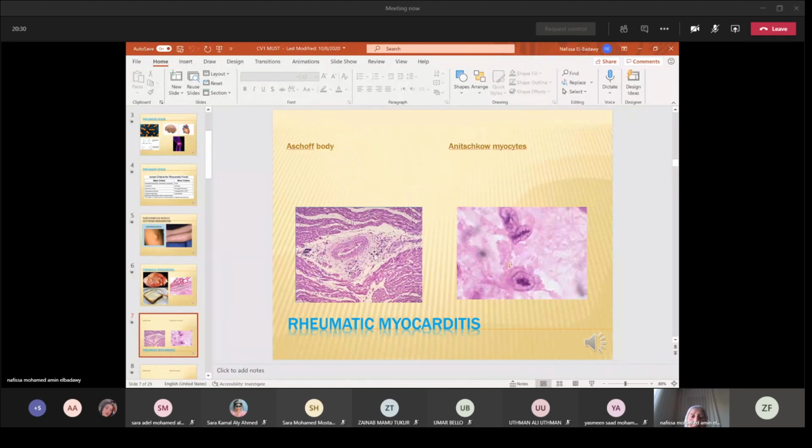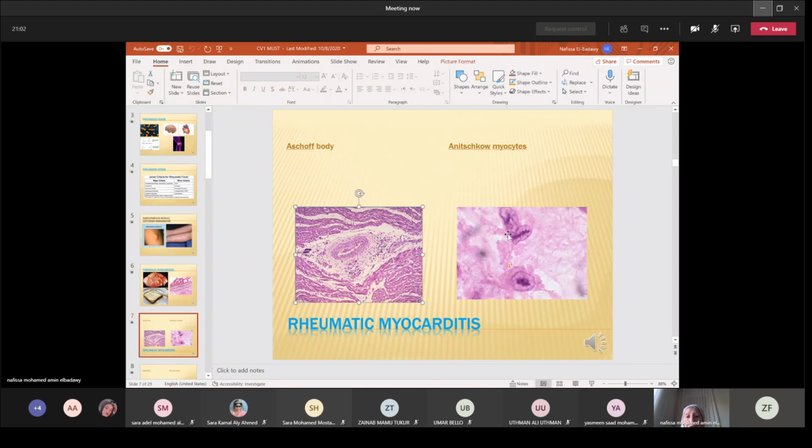This inflammatory infiltrate is composed of monocytes, lymphocytes, plasma cells, and occasionally you can get a few neutrophils, but neutrophils are not characteristic of this inflammatory reaction. And there is fibrinoid necrosis in the center. So it is composed of inflammatory cells, lymphocytes, plasma cells, and fibroblasts, and fibrinoid necrosis.